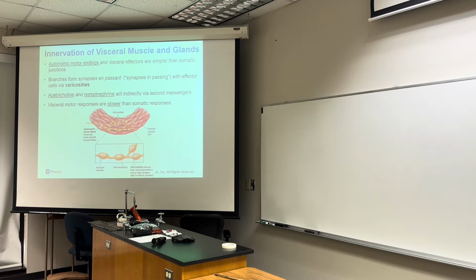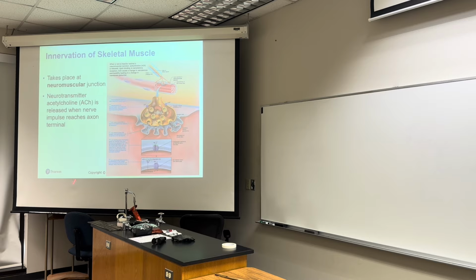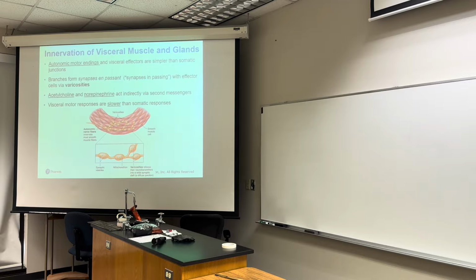And we know that definitely they are slower because they are not as myelinated as what? Your skeletal muscle. Also, acetylcholine and norepinephrine could be both stimulatory or it could be what? Inhibitory. But in the skeletal muscle, the acetylcholine is always what? Excitatory or stimulatory. Okay, so these are the differences.